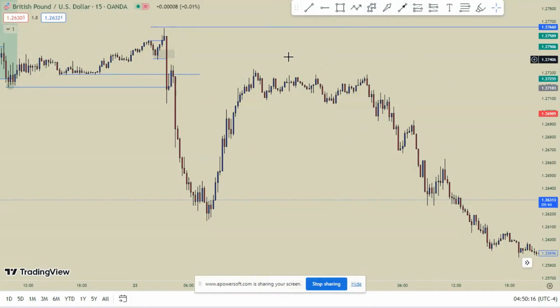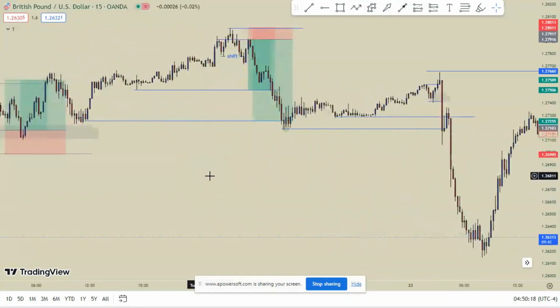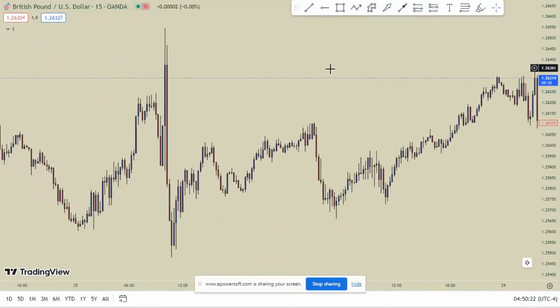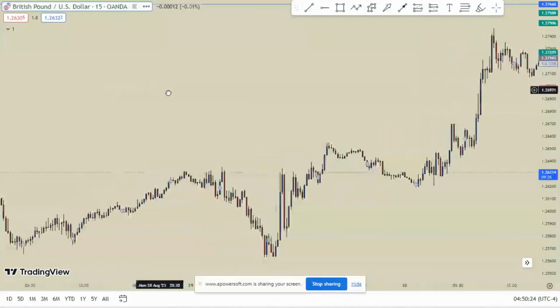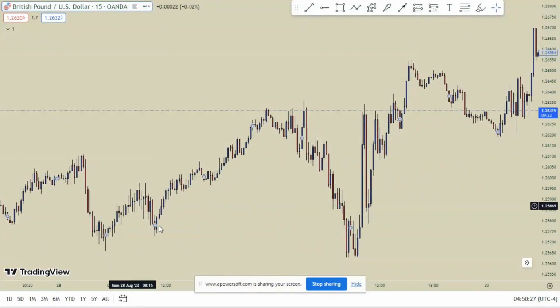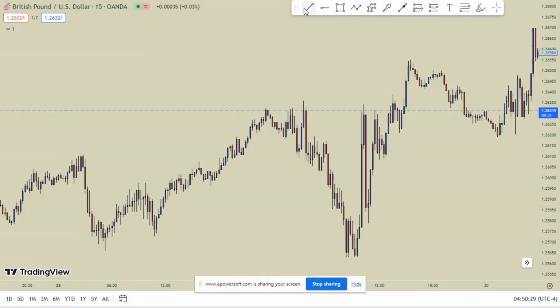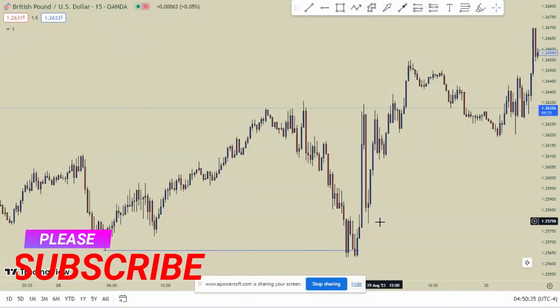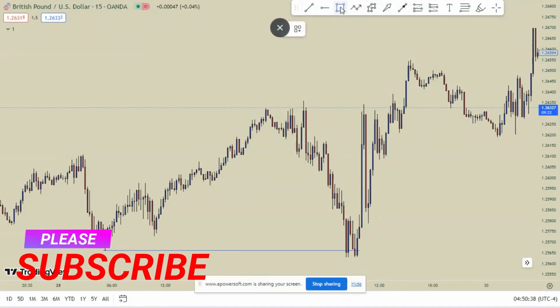Because if I have a zone, for instance, let me show you something here. Say I was targeting this sell side liquidity, and now the market takes out that sell side and then returns back.